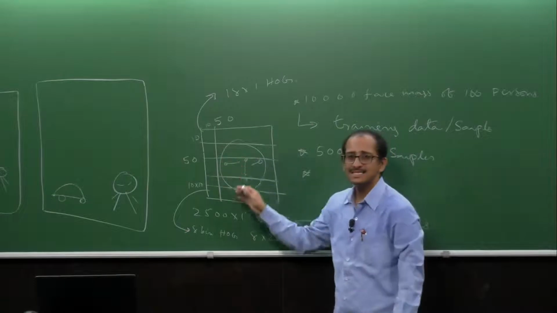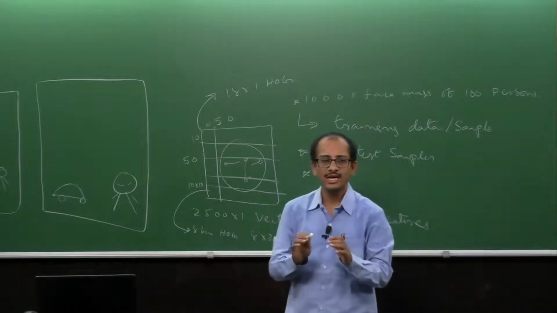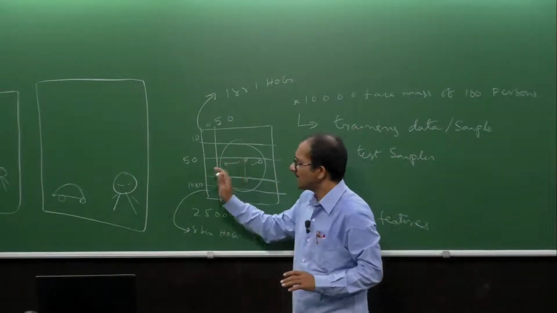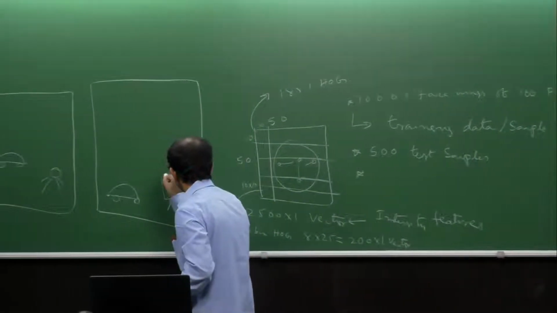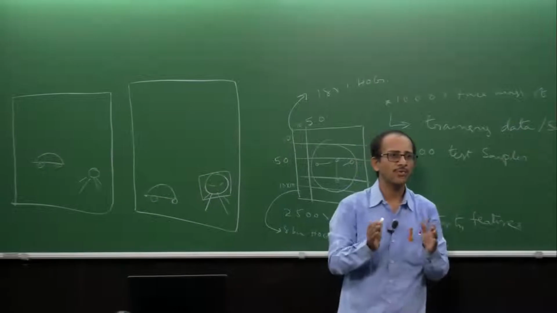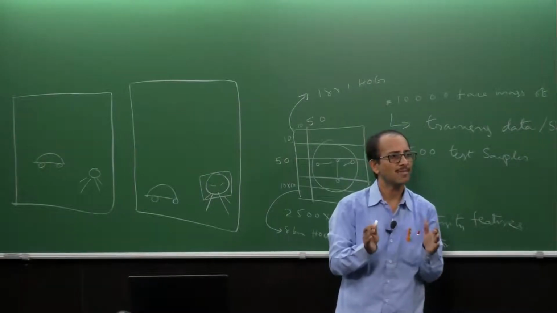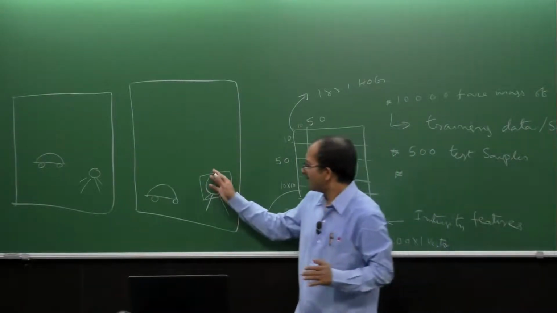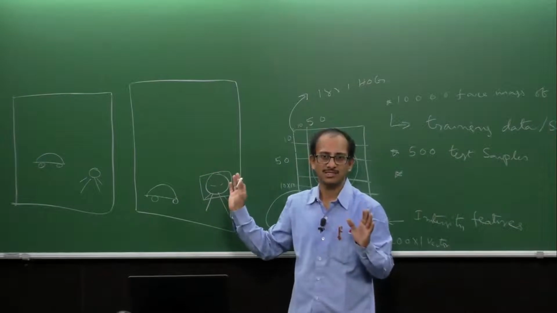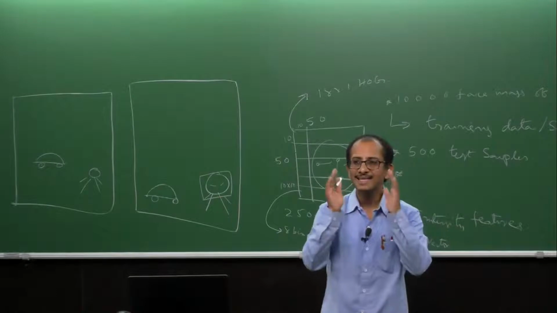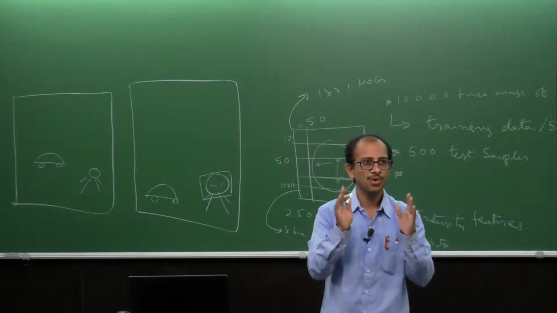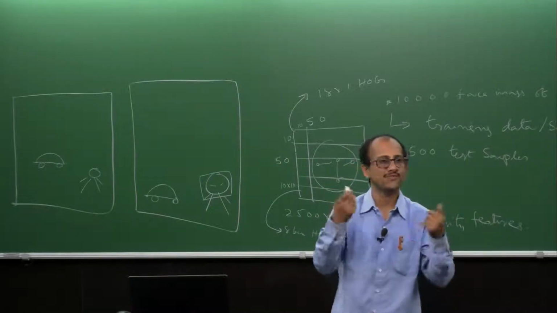Since we already registered it, registered means we have identified in a bigger image where the face is, and then we have put a bounding box on the face. So in some sense we put a bounding box such that the face exactly fits in this bounding box, so that in all faces the eyes are roughly at the same location, the nose roughly at the same location, in all the faces.